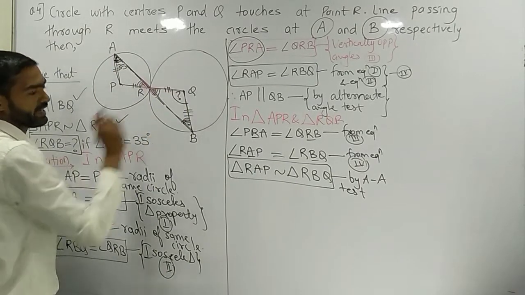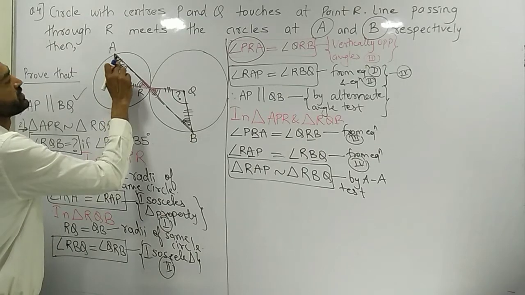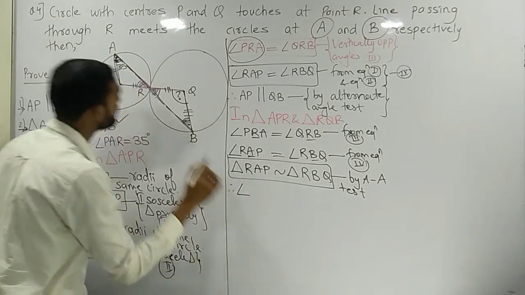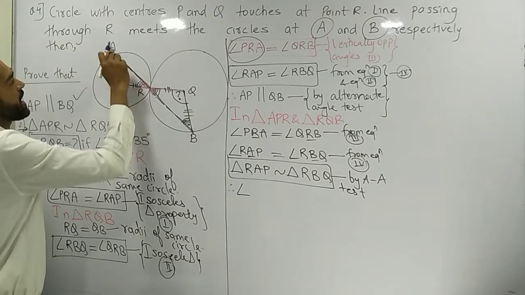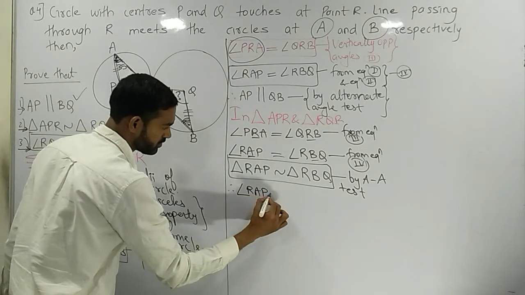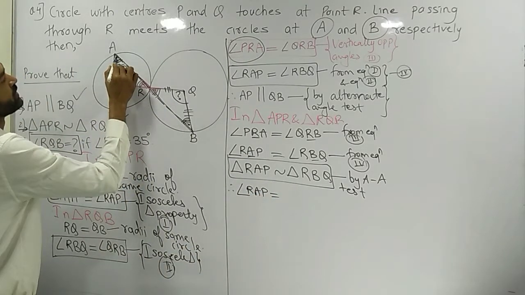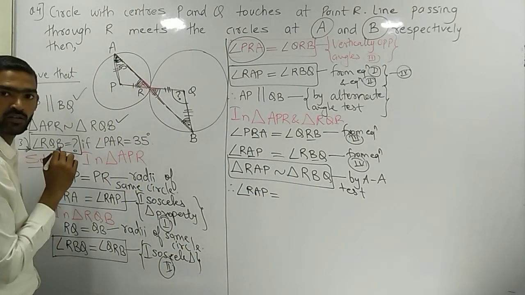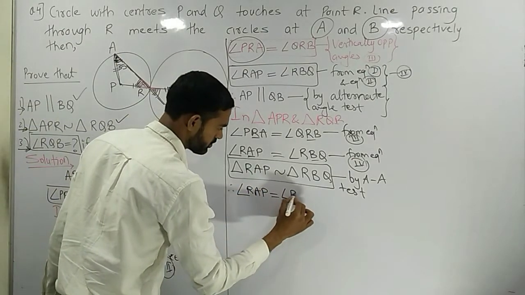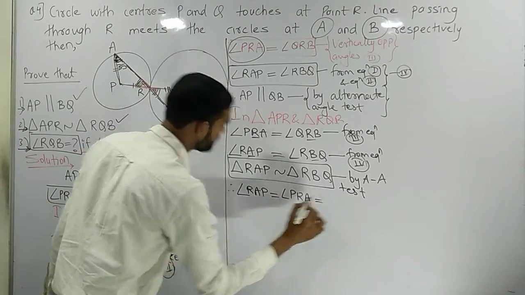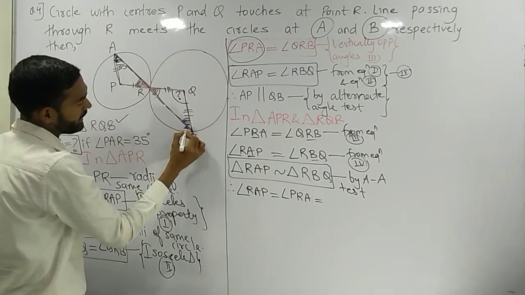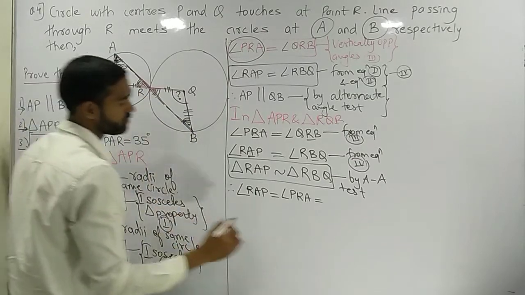Can we find this angle? This is 35. What do we know? This angle RAP is equal to this angle, angle PRA. Same thing, what do we know? This angle is also equal to angle B, means RBQ.